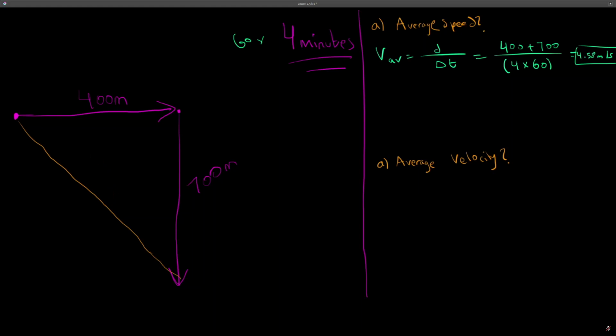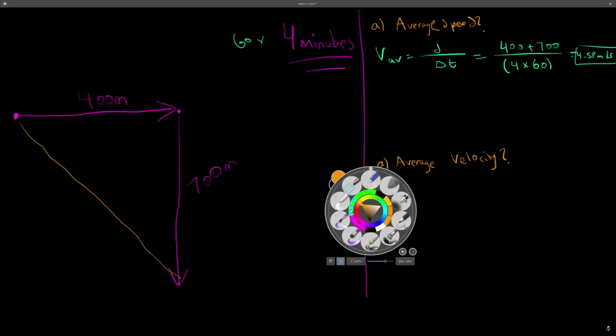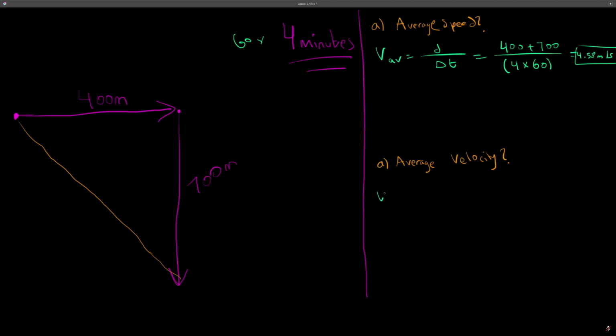So we need to find the displacement. What's the formula of average velocity? The average velocity is equal to delta x over delta t. We can't just add these two, like in distance. We need to find the displacement, which is why we get this line.